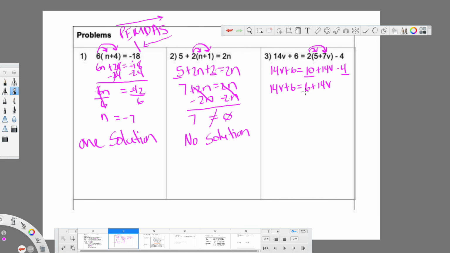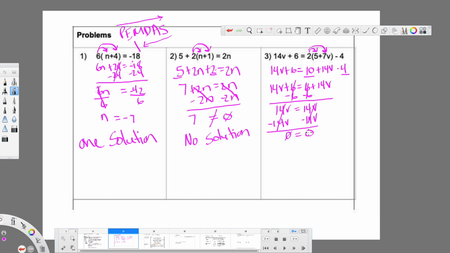Positive 14v, positive 14v. So if I started trying to solve this, if I didn't notice, and I subtracted, these would both cancel. And I'd have 14v equals 14v. If for some reason I still didn't notice and I decided to subtract 14v, they would cancel again, and they'd become 0 equals 0.